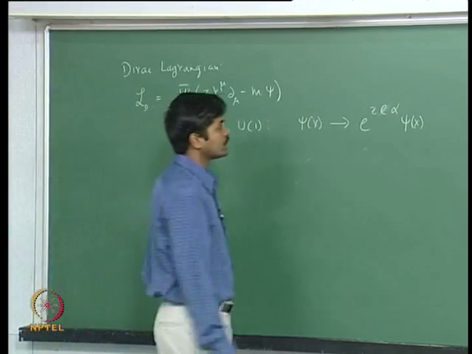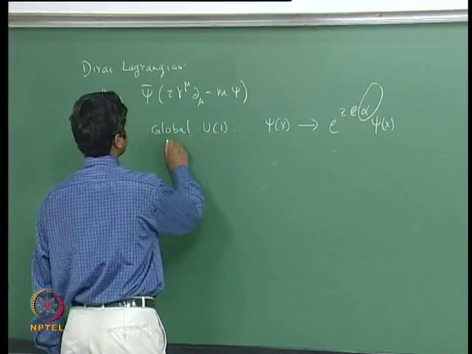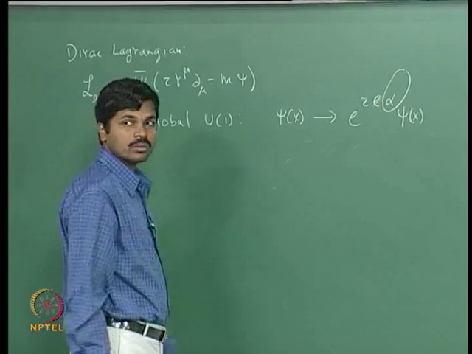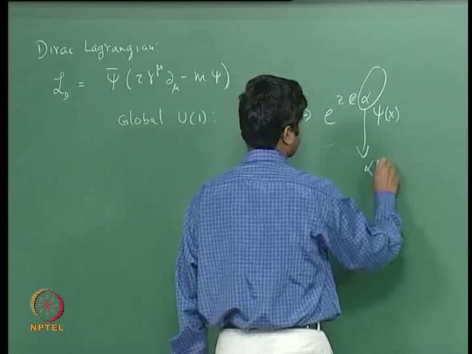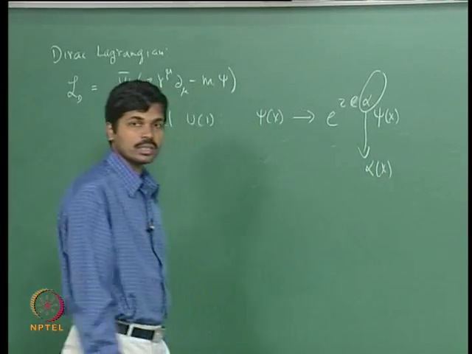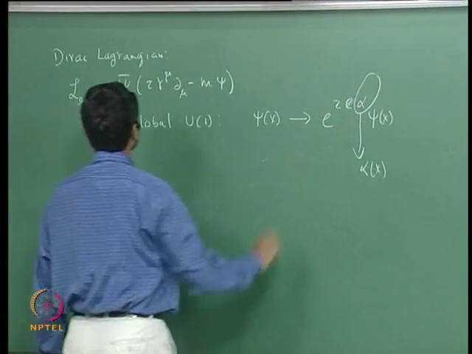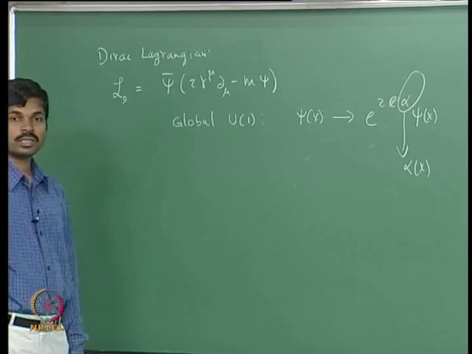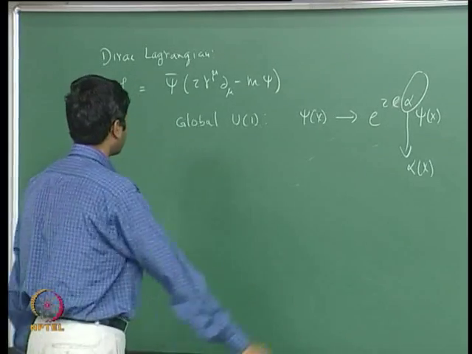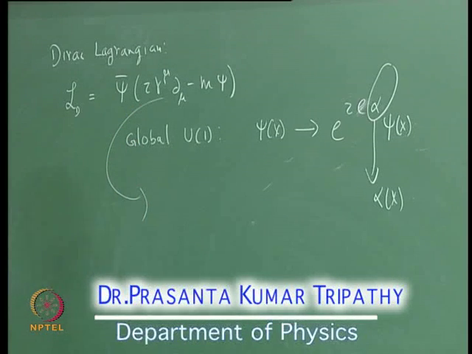Now, the question is, if we want to make this global U(1) a local U(1), then what would we do? We would make this α a function of x, the space-time coordinates. Of course, if α is x dependent, then this Lagrangian is no longer invariant under this U(1) transformation. What you would do is modify this Lagrangian in such a way that it is invariant under the U(1) transformation.